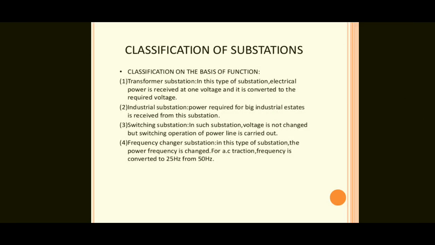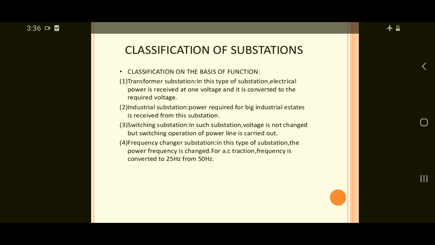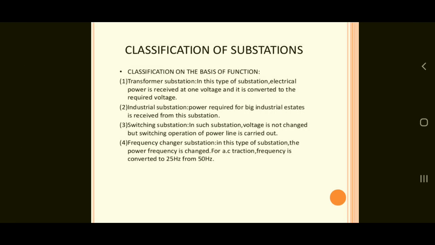Classification of substations. Transformer substation. In this type of substation, electrical power is received at one voltage and it is converted to the required voltage. Industrial substation. Power required for big industrial estates is received from this substation. Switching substation.